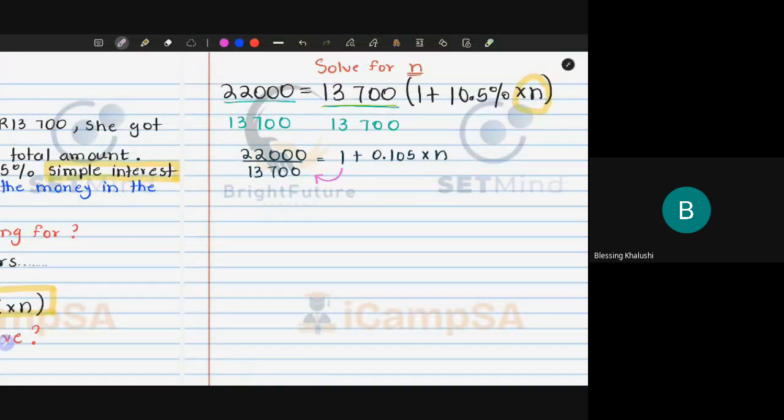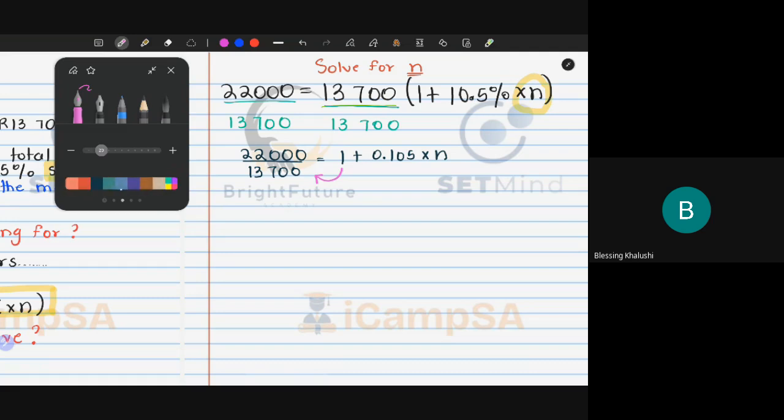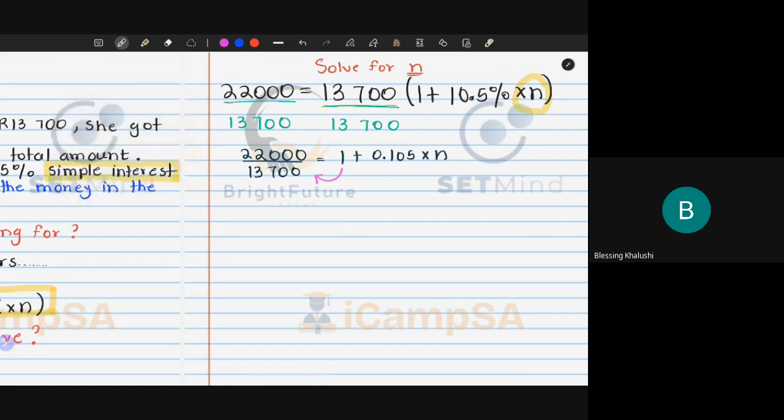Keep the answer for the end and let us quickly push. So we want to remove the one here. Can you guide us? For now, we need guidance. We're going to take the one to the other side.